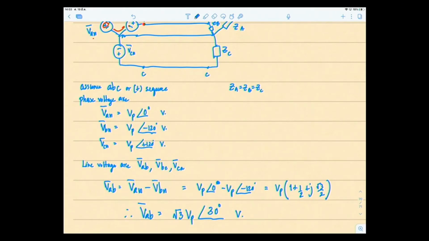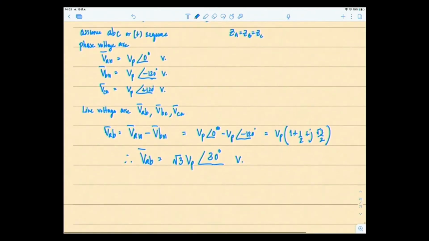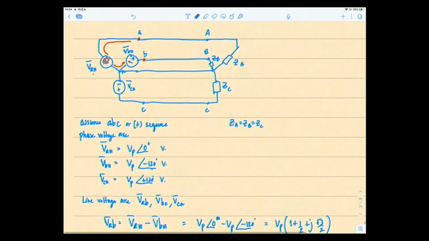If I go on, next is VBC. If I walk from point B to point C, I see positive VBN minus VCN.